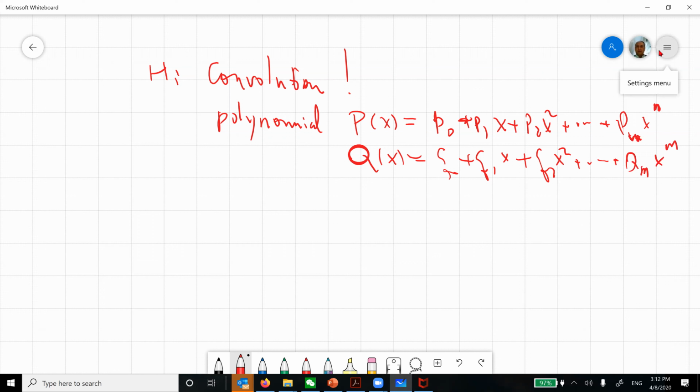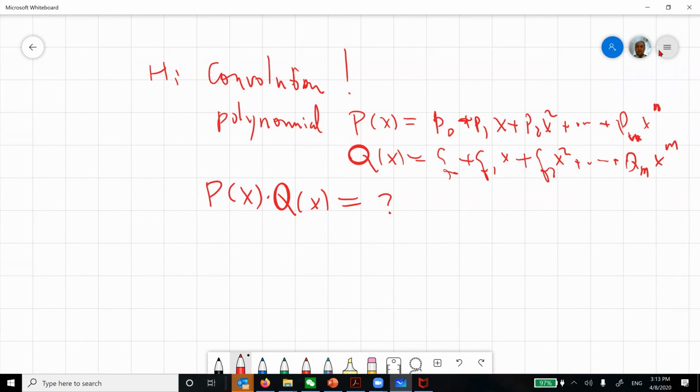So I want to understand what is the px times qx. Okay, so how to do its coefficients. Okay, how do the coefficients?